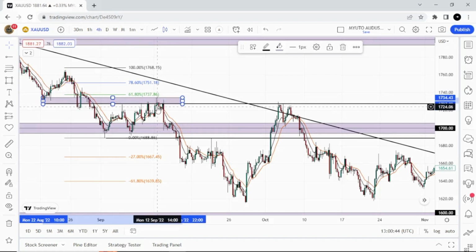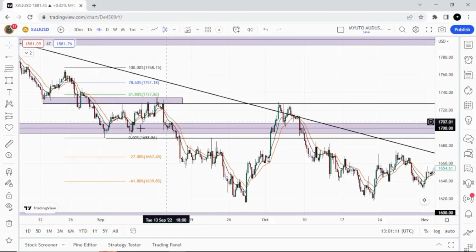I would have entered from this candle here, this long bearish candle here. Though my stop loss would have been further away from my entry price, I still would have entered the trade because there's too much confluence here, and the bearish pressure here was too much.